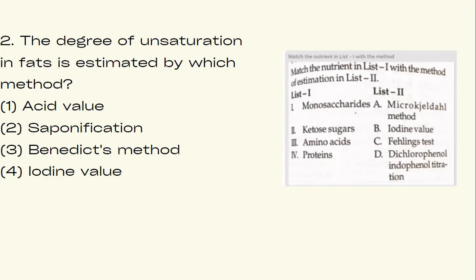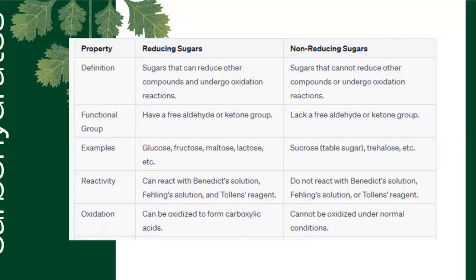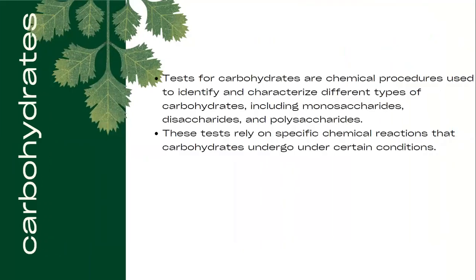So let's see. Carbohydrates, we all know what carbohydrates are, and the tests for carbohydrates are chemical procedures used to identify and characterize different types of carbohydrates, including monosaccharides, disaccharides, polysaccharides.